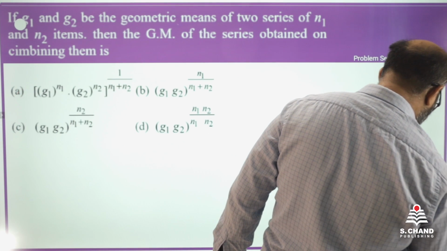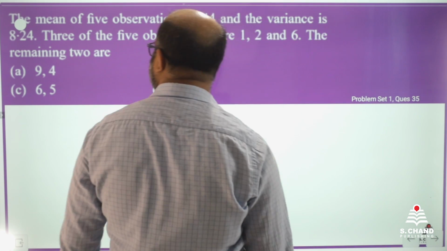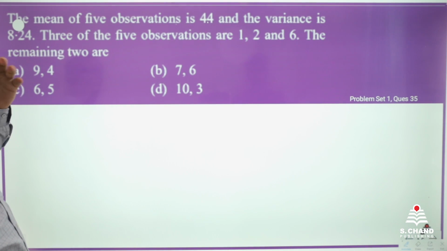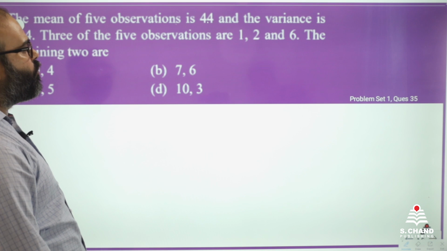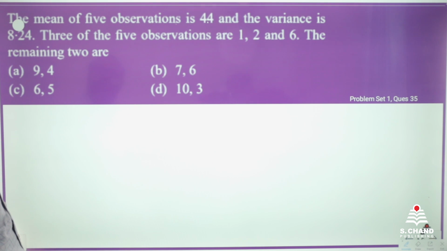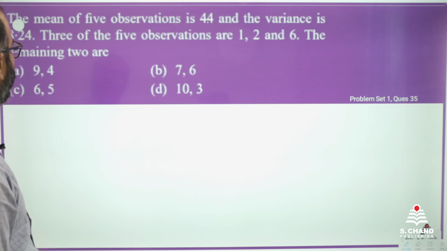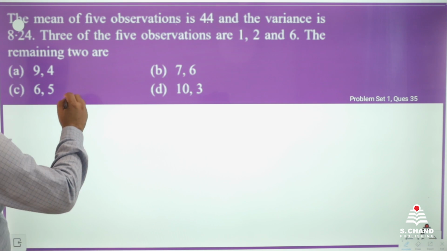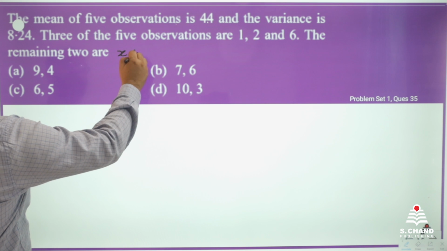Now let us move on to the next question. The mean of 5 observations is 4.4 and the variance is 8.24. Three of the 5 observations are 1, 2 and 6. The remaining 2 are? Let us suppose that the remaining 2 are x and y.